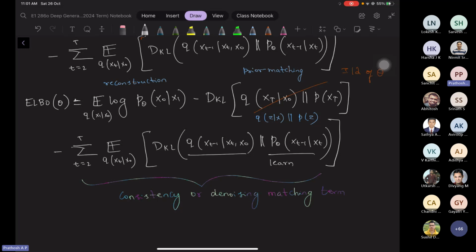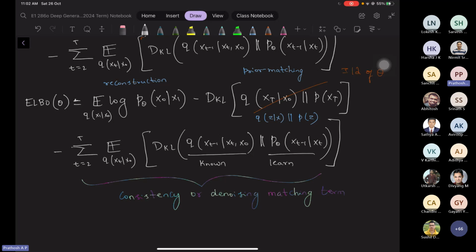Now if you minimize the KL divergence between these two terms, intuitively what it will lead to is that if you traverse through p theta of xt minus 1 given xt, you would eventually get to the distribution of x0, isn't it? Because this distribution Q is known. It is telling you that given that I started from x0 and reached xt, what is the distribution on xt minus 1?